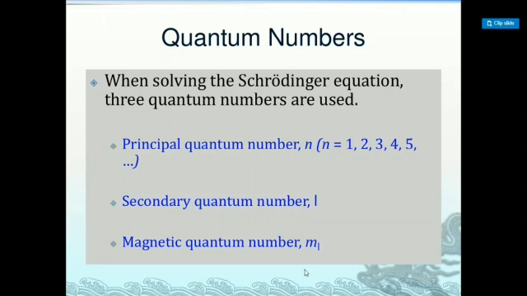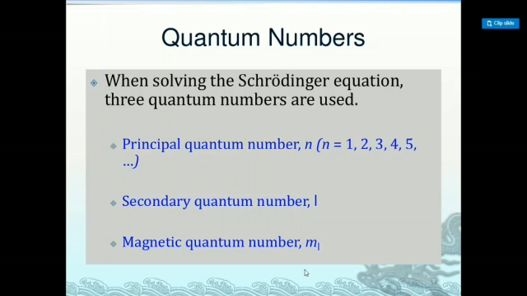It is used to know the energy level in which the electron is present. That means if it is nearest to the nucleus, then the energy level is called 1, or shell number is 1. If it is farther away from the nucleus, then it is 2, and so on.